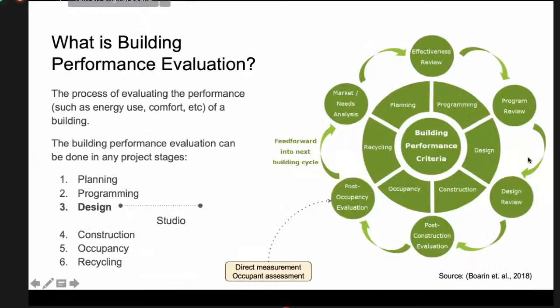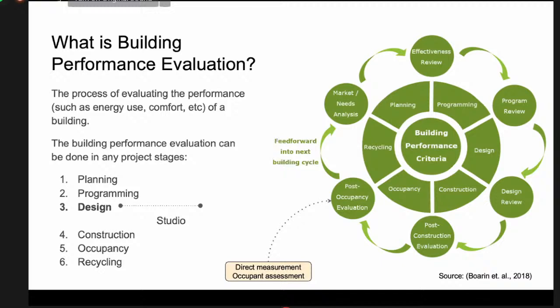The next one is, what is building performance evaluation? Building performance evaluation is the process for evaluating the performance. The performance that is evaluated could be really specific, or it could include anything that you want to do, such as, for example, the energy use, the occupant comfort, and anything else.